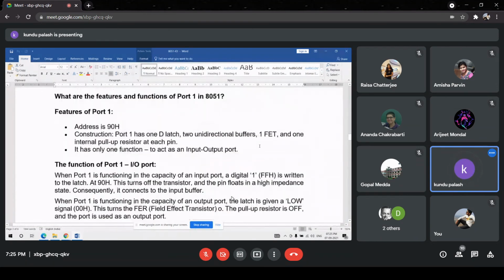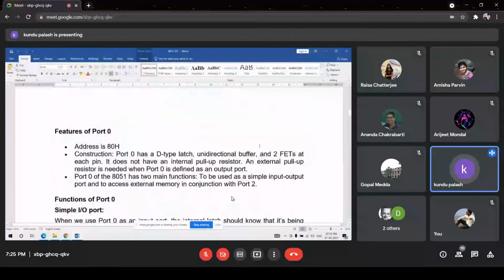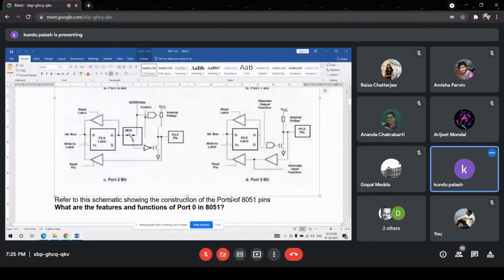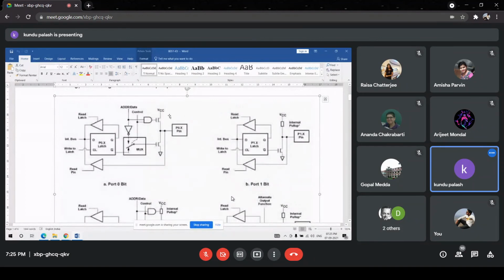Now, what is the specialty of port 1? First of all, when port 0 is unconnected to an external circuit and is configured as an output port, this point will go to a floating level of the voltage range 2.4 volt, tri-state logic.